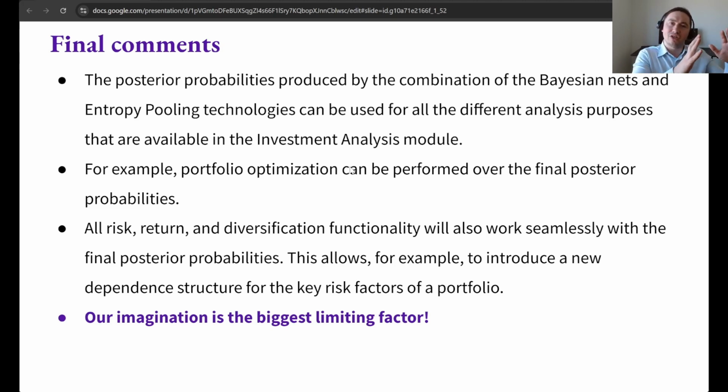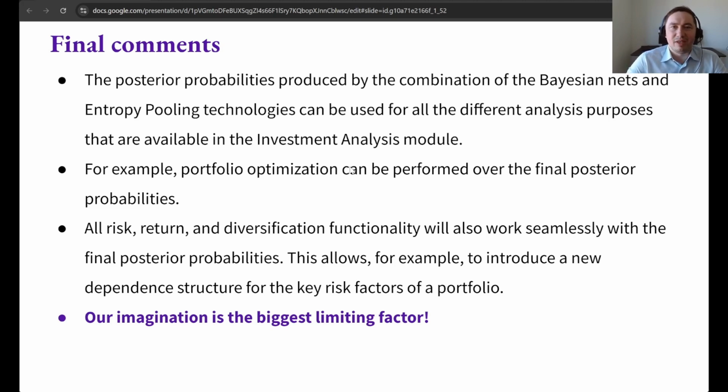It's basically just a different way of computing a posterior probability vector compared to just the raw entropy pooling application. And you can think of the Bayesian net as something that helps you generate joint causal and predictive views in a logically consistent way. So it's a structured approach compared to just coming up with some view.